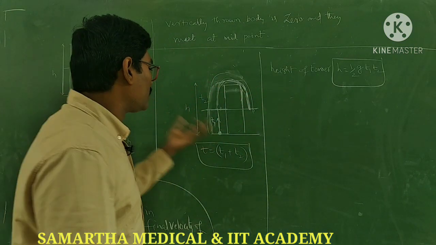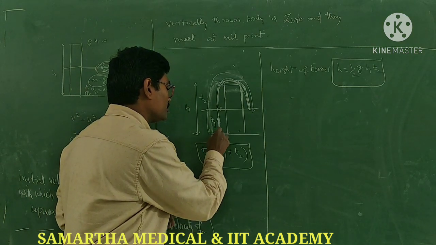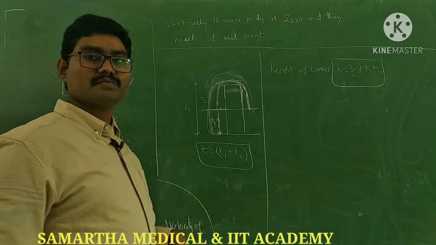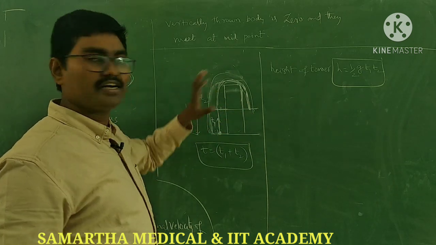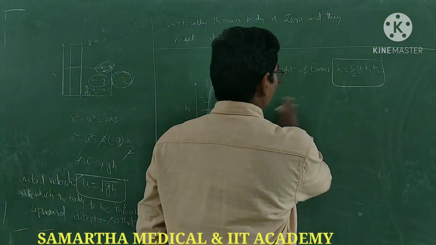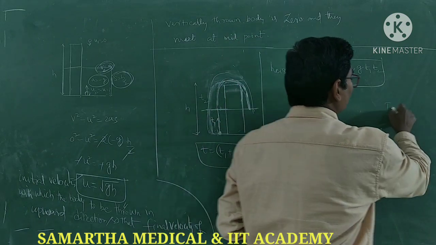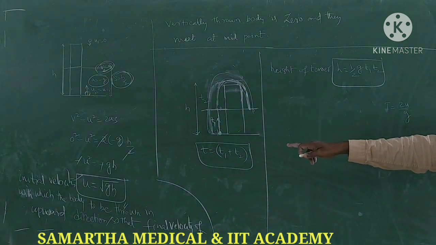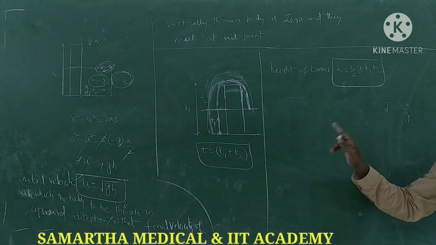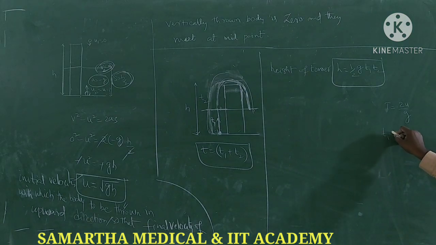Next, what is the initial velocity with which it is thrown? In terms of t1 and t2, u equal to what? What is the formula for time of flight? T is equal to 2u by g. T is the time of flight, the sum of the times, t1 plus t2. So t1 plus t2 is equal to 2u by g.